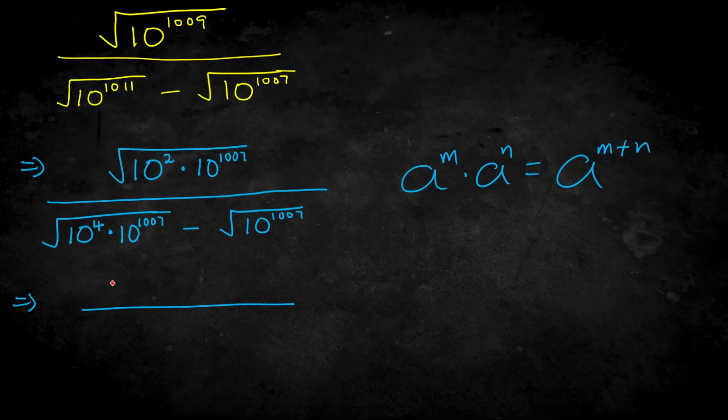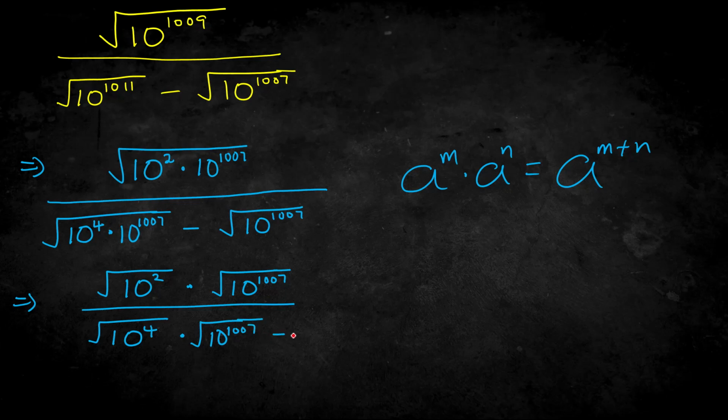So we have this one as square root of 10 raised to 1007 times square root of 10 raised to 1007 over square root of 10 raised to 4 times 10 raised to 1007, minus square root of 10 raised to 1007.